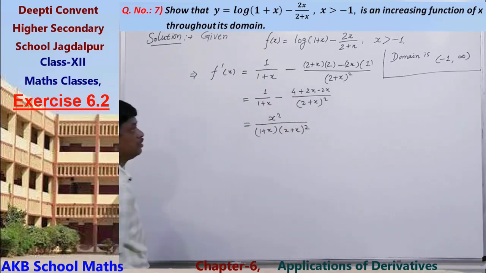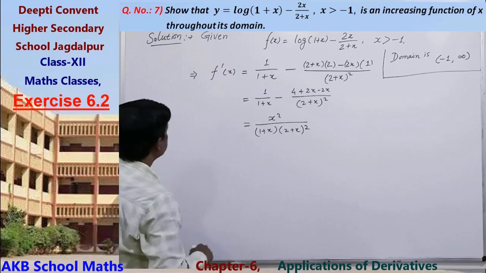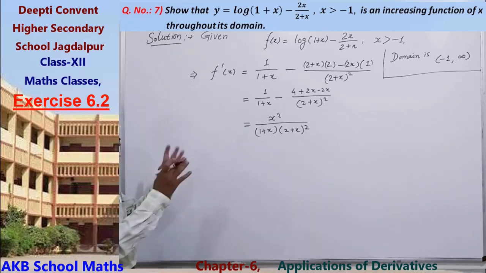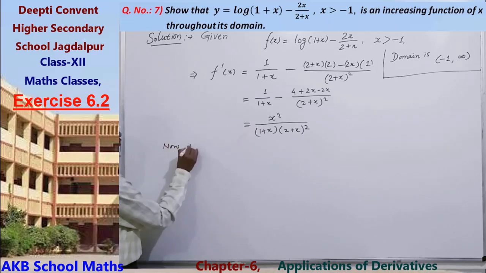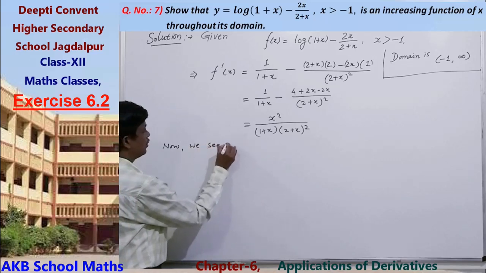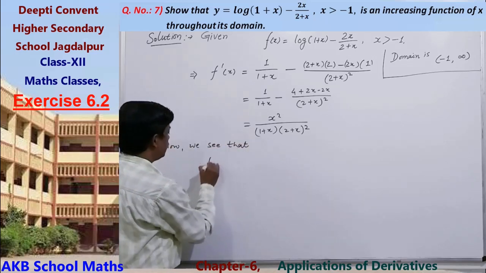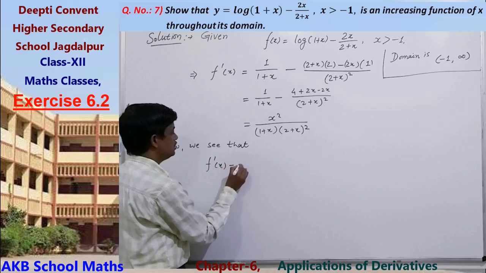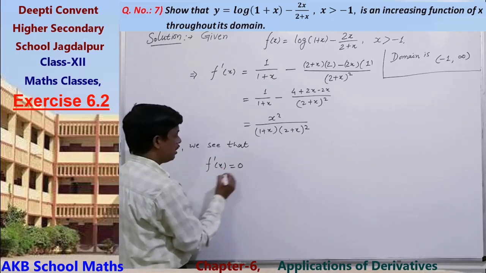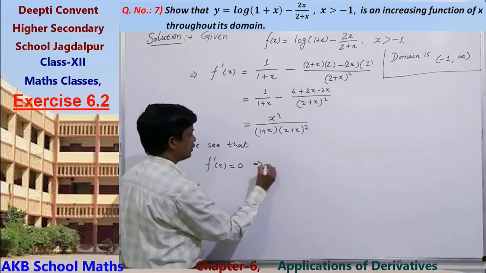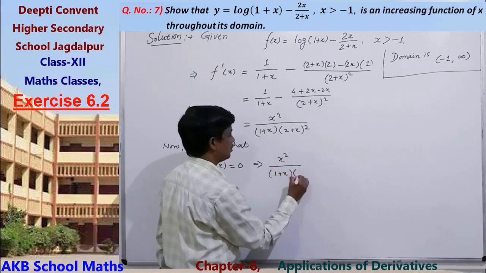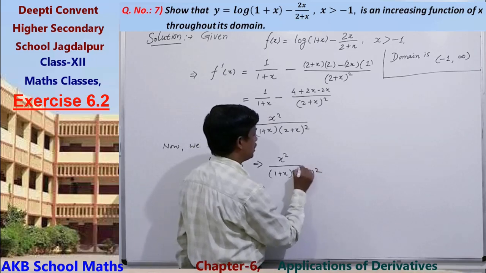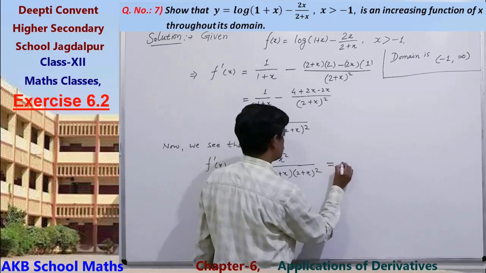First of all, for the dividing point, we see that f dash x equals 0 implies x square upon 1 plus x into 2 plus x square equals 0.